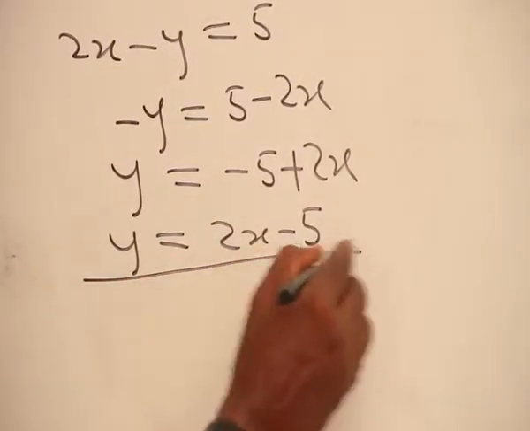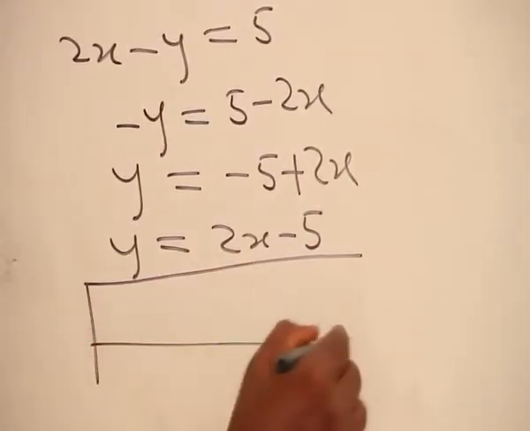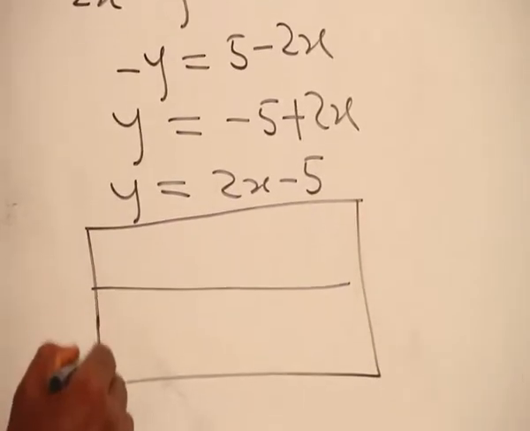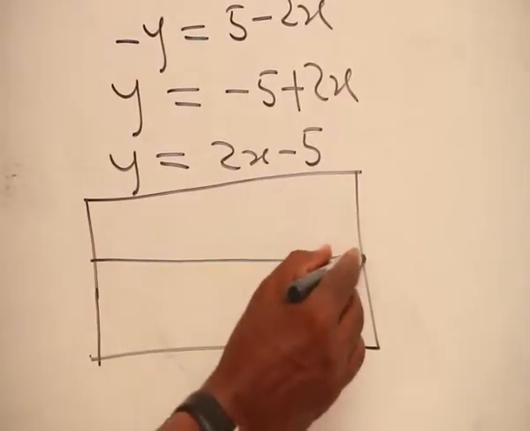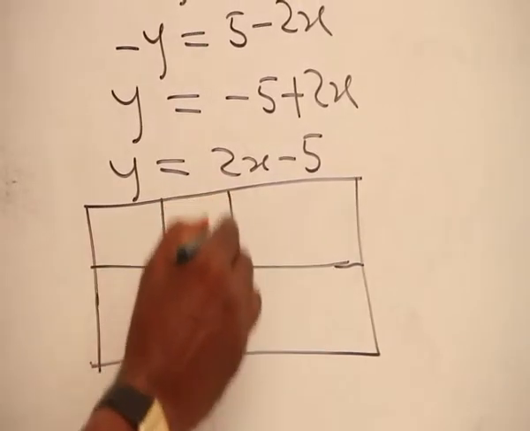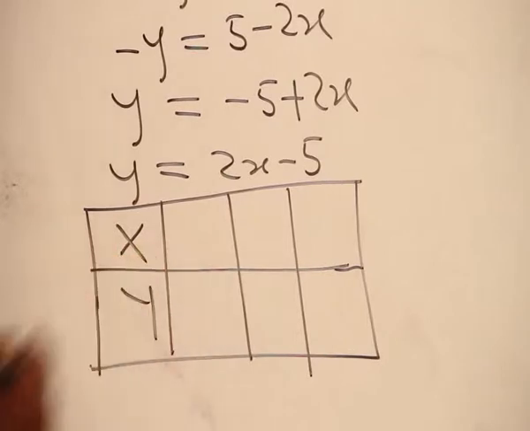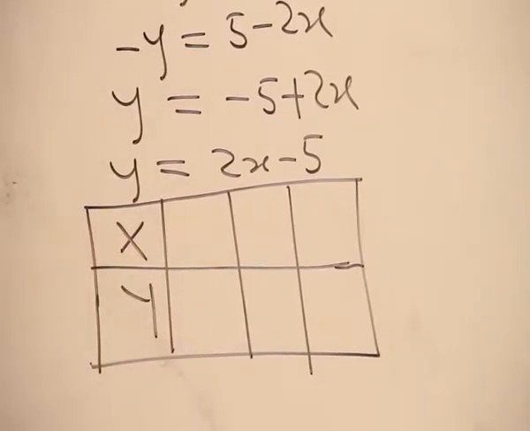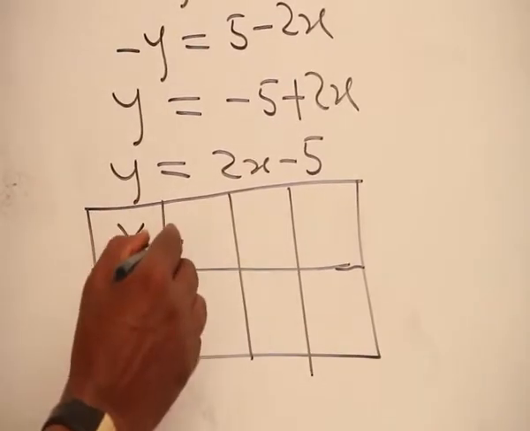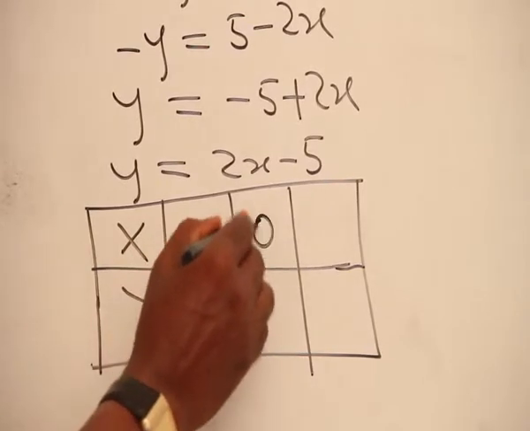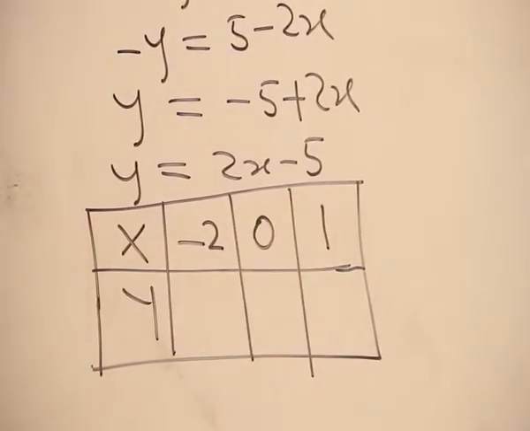We will need just a few points. You can sketch a table of values to be very sure of what you are doing. You have your x, you have your y. You can take a value when x is minus 2, when x is 0, and maybe when x is 1.